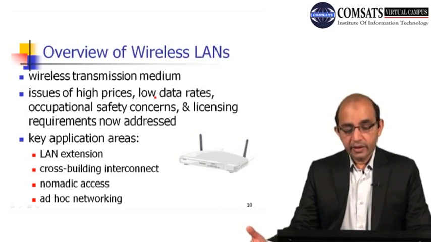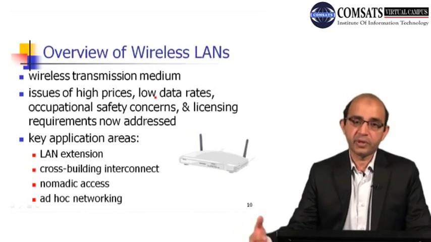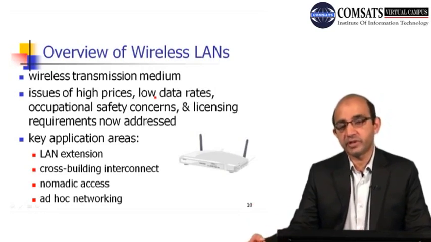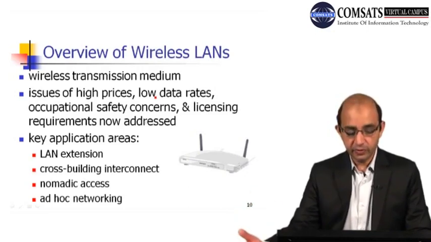So then there are certain key and important applications of wireless LAN. We can extend our LAN. For example, if we are talking about an office, and that office has the LAN infrastructure, and we want to build a wireless LAN infrastructure over that LAN, we can do that, or we can extend the LAN.